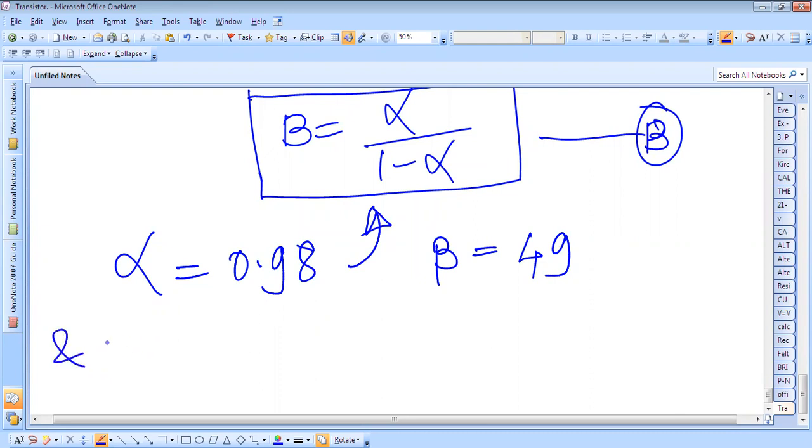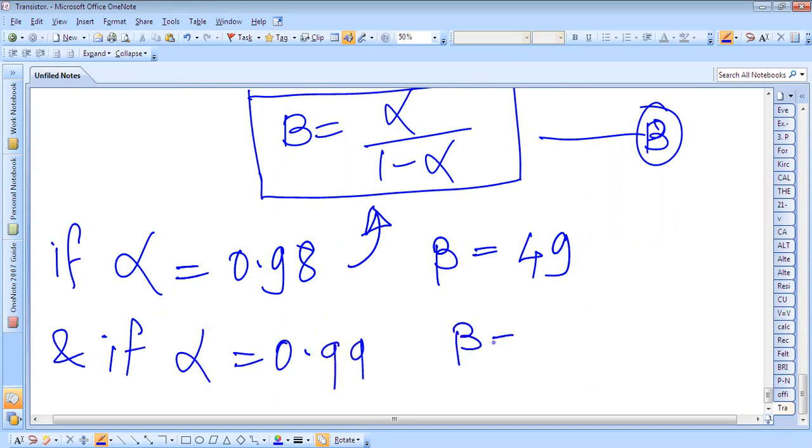And again, if alpha is equal to, suppose we change it slightly, initially it was 0.98, now it is 0.99, and if you again put this value and find beta, we will get 99. So there is too much difference in beta even though there is a slight change in the value of alpha.